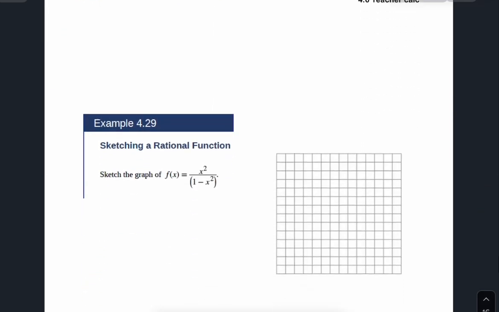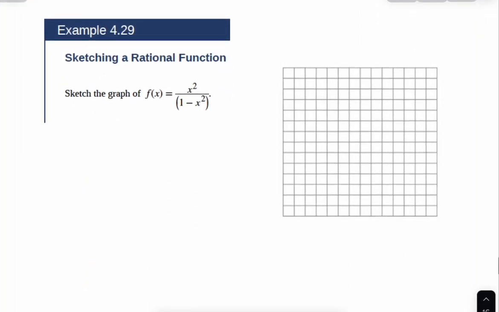Okay. Now let's talk about our first one that is a rational function. So let's start at the beginning. If this function was not in factored form, it is very important that we look at rational functions in the light of factoring.